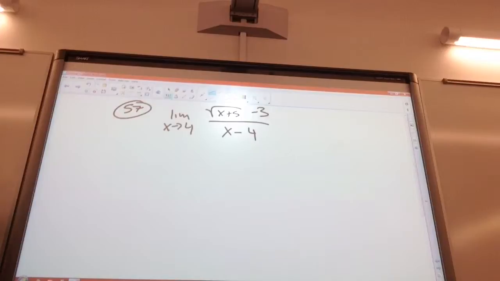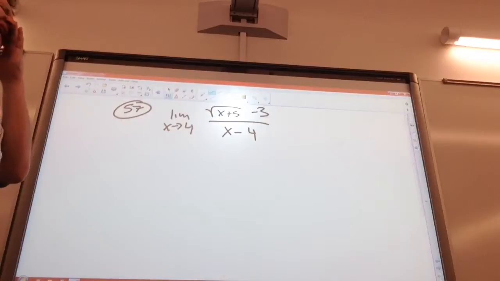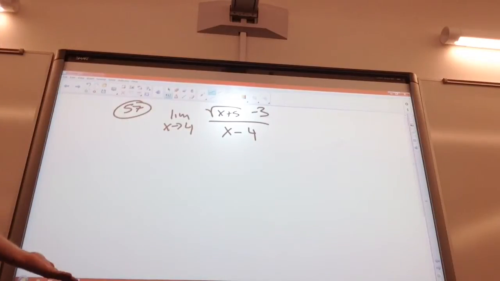Doesn't work. And what does that mean, remember? That's indeterminate. Something else is going on here. We could try to do this one by hand, but it would not be pretty. It's ugly.